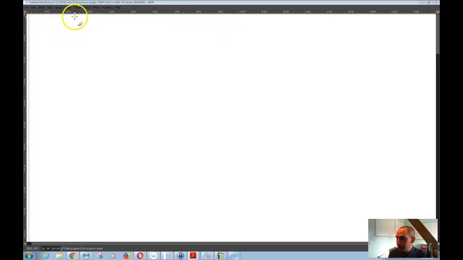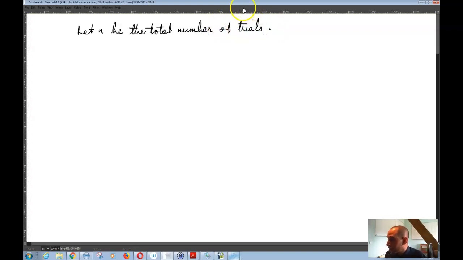Just to remind you of the definition of the empirical probability: let n be the total number of trials.